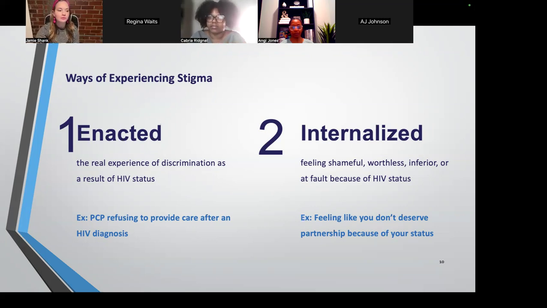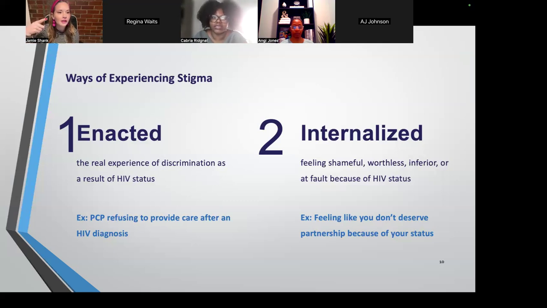So that example of feeling that you don't deserve partnership because of your status is a real example of ways that people can have internalized thoughts and feelings about one's own self after an HIV diagnosis.